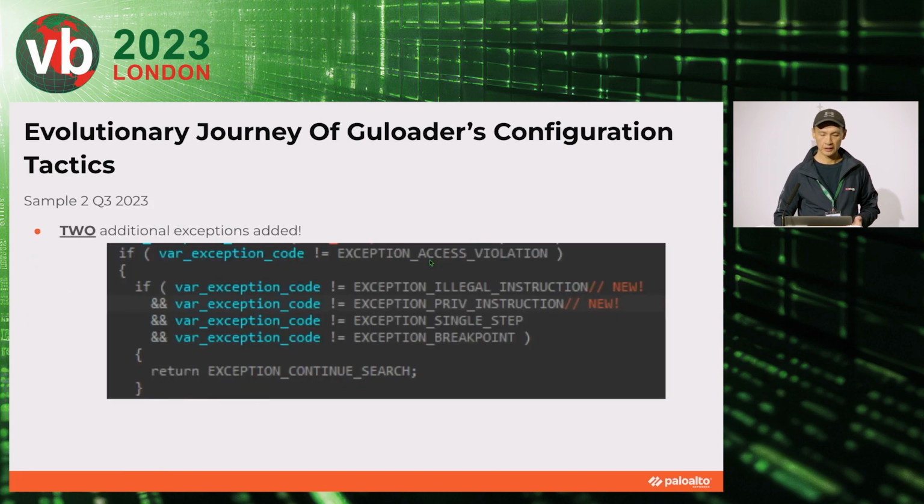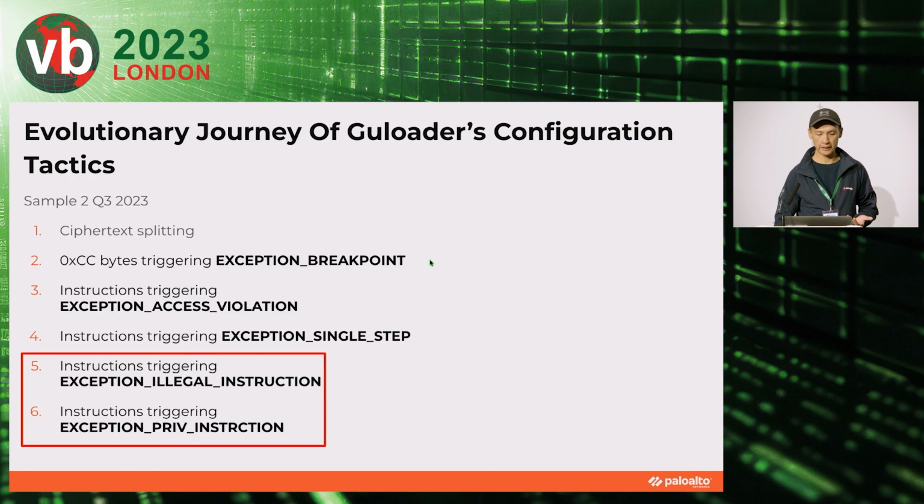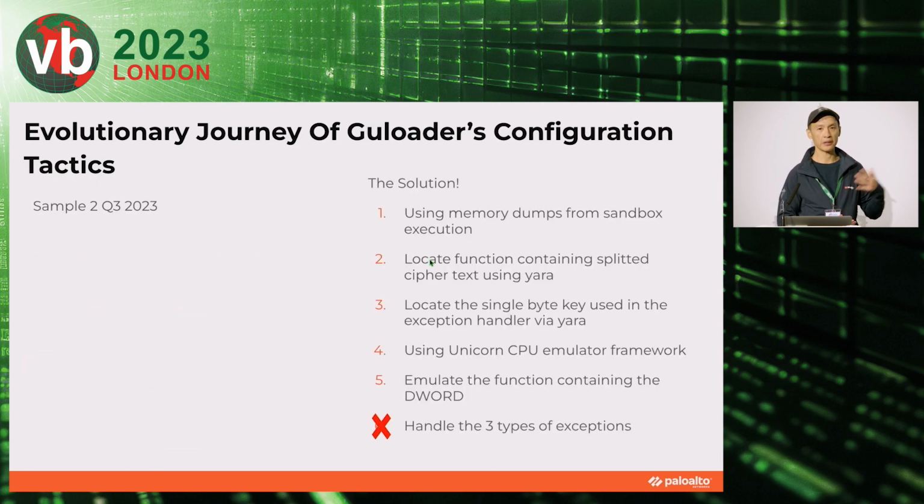Instead of the original 3 exceptions, this time they added 2 more exceptions, basically illegal instructions and privileged instructions. So a total of 5 different exceptions. Given these 2 additional exceptions, it breaks our config extractor again, because now we have to add additional code to handle 5 exceptions instead of just the original 3.